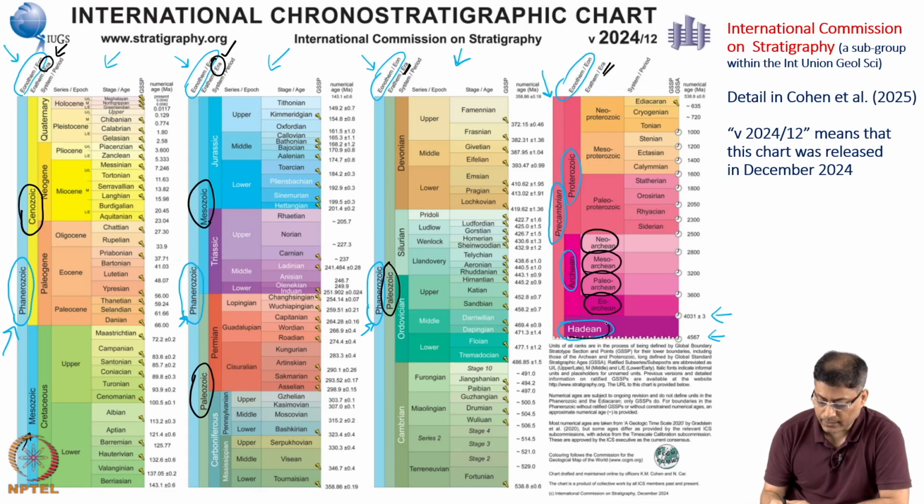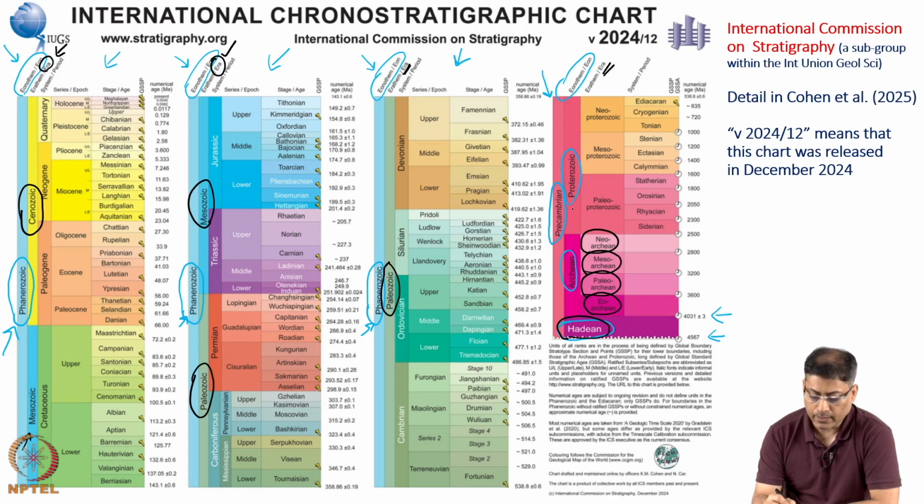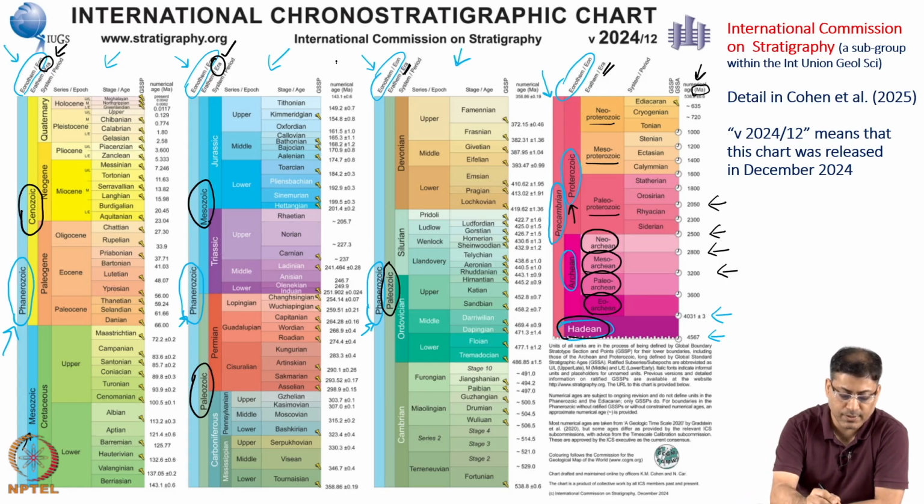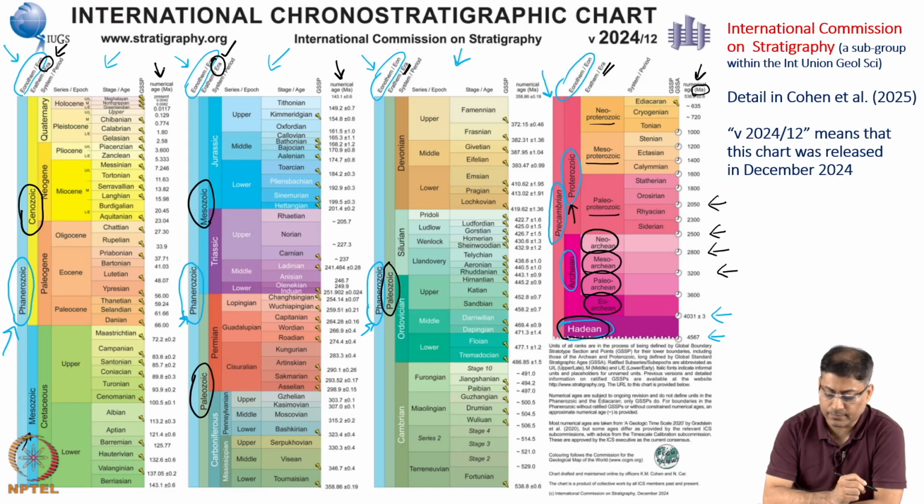Note that Hadean is not divided into several eras, and the Proterozoic is divided into Paleoproterozoic, Mesoproterozoic and Neoproterozoic. All these numbers indicate the million year time divisions. These are all in million years as stated over here. These are the numerical ages which are over there and over there.